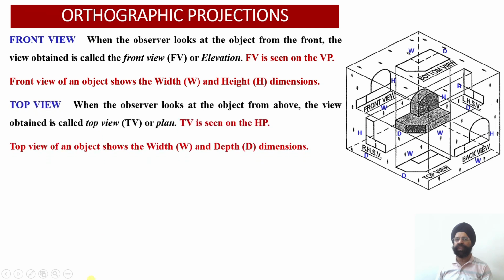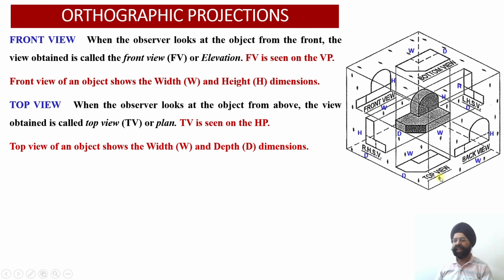Then the next view obtained in the orthographic projection is called the top view. Whenever the observer looks at this object from the top, from the upper side, the projections obtained on the horizontal plane are called the top view, or the technical name of the top view is plan, right?